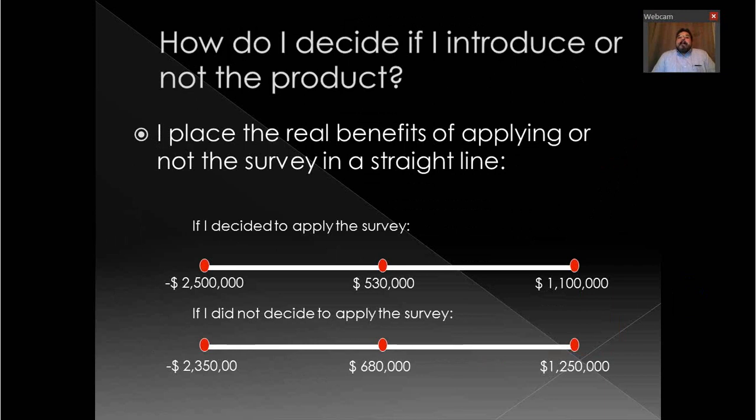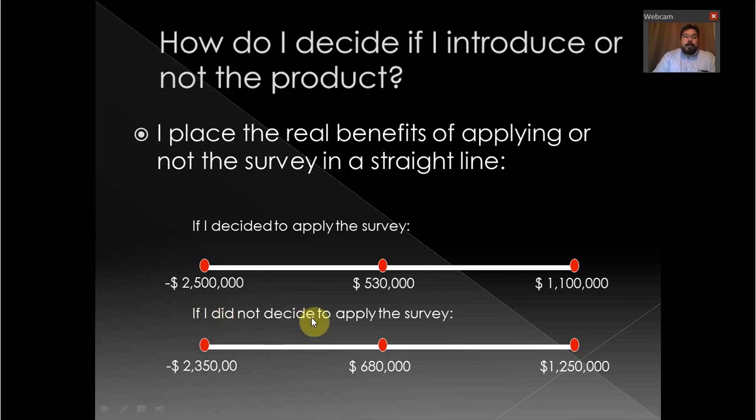But how do we decide if we will introduce or we won't introduce the new product? First of all, we need to place the real benefits of applying or not applying the survey in a straight line. So if we decide to apply the survey, these are the benefits: high sales, regular sales, and low sales. These are the real quantities that we expect to get from the market when we introduce the product.